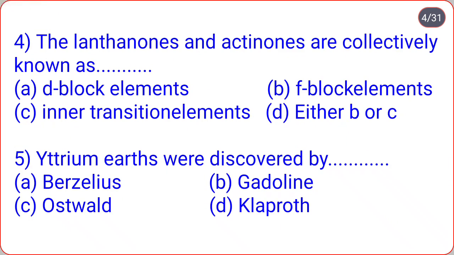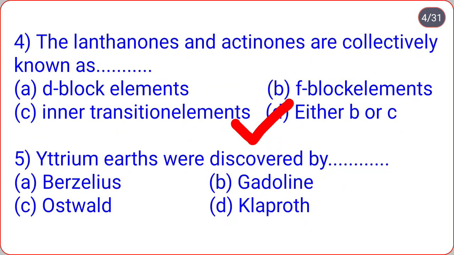The lanthanones and actinones are collectively known as: D block elements, F block elements, inner transition elements, either B or C. We know that the lanthanones and actinones are collectively known as F block elements as well as inner transition elements. So the correct option is D.